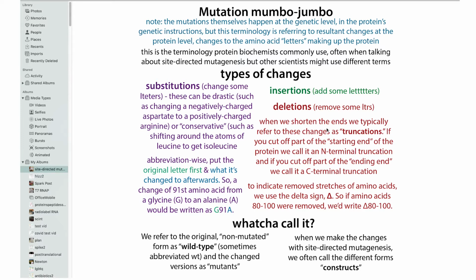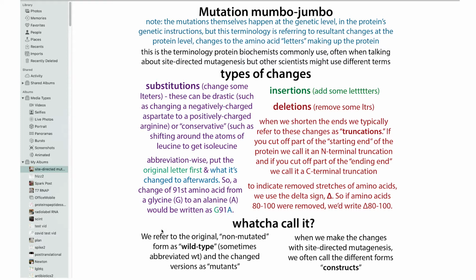Sometimes what we're doing with these deletions is removing domains like we talked about before, to see what those domains do, or a lot of times for crystallography, it's easier to get a single domain or a couple of domains to crystallize than the full length. And with crystallography, you often make a ton of constructs because you're testing different truncation points, different changes, and that sort of thing.